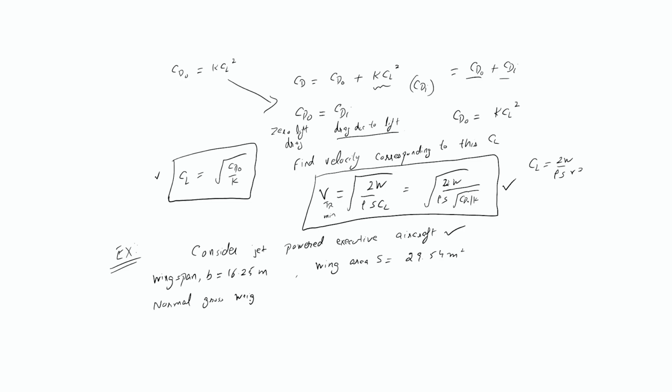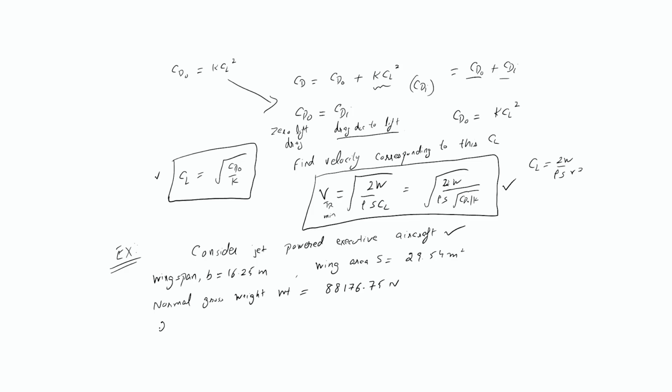So please make a note of these parameters. This aircraft example I will be considering again and again for various concepts in aircraft performance. This will be used again and again in this course. The normal gross weight is 88,176.75 newtons.